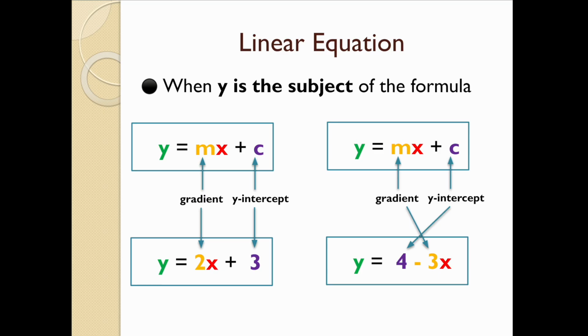Let's look at some examples first so y'all could identify it. And then we're going to start to talk about what is the y-intercept and what is the gradient. I just want y'all to understand that using this formula, the value next to this x represents the gradient once y is the subject of the formula. And over here it's the y-intercept when it's by itself, right?